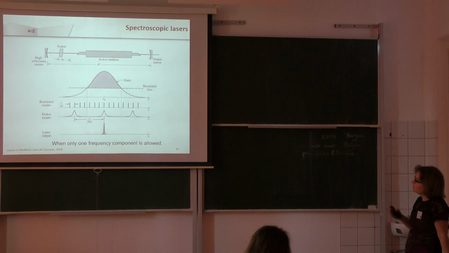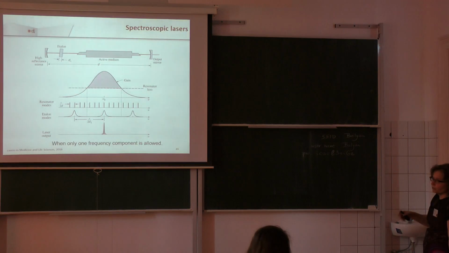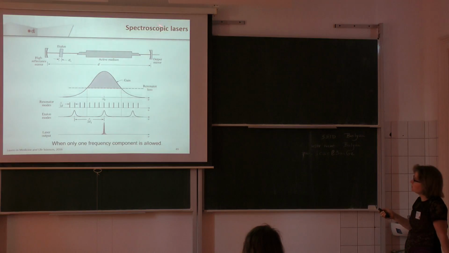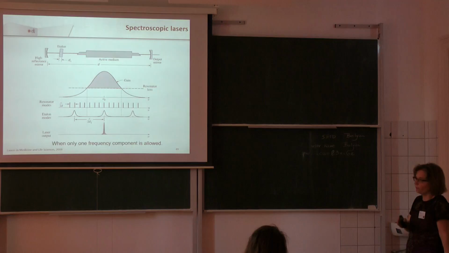Sometimes we want to build a laser which doesn't have a frequency comb but has only a single very well-defined color. Then we can add further optical elements into our laser system that will get rid of most of the other frequencies, most of the other lines. These lasers we call spectroscopic lasers, and they are built for the purpose of giving only a very well-defined frequency.